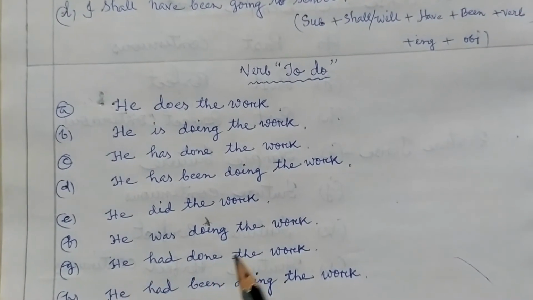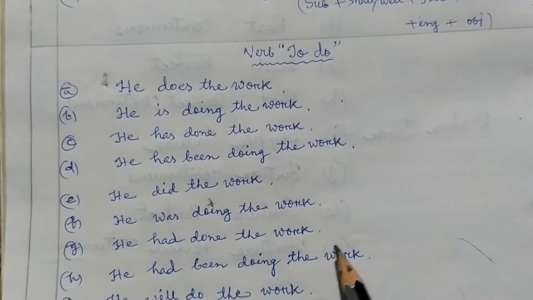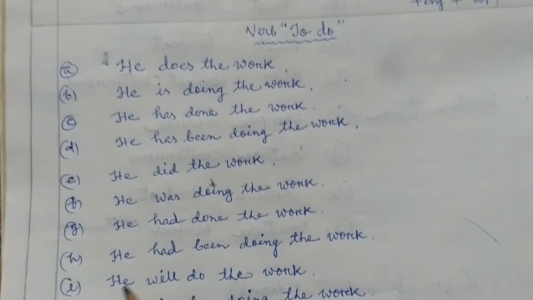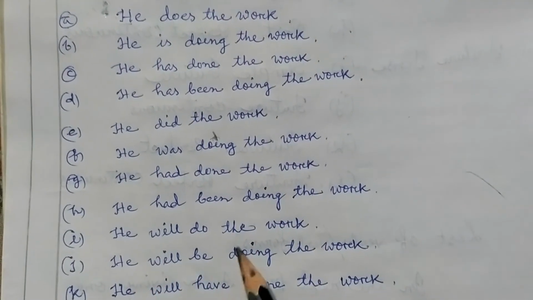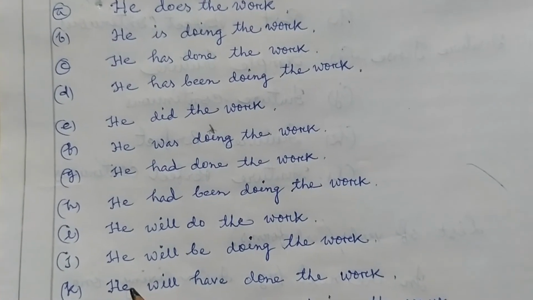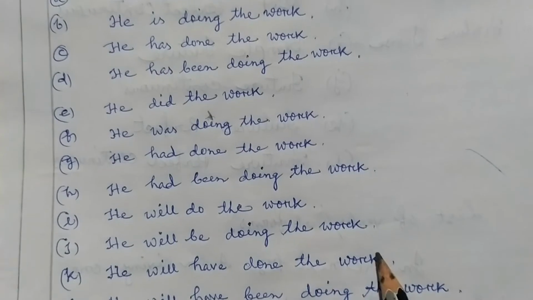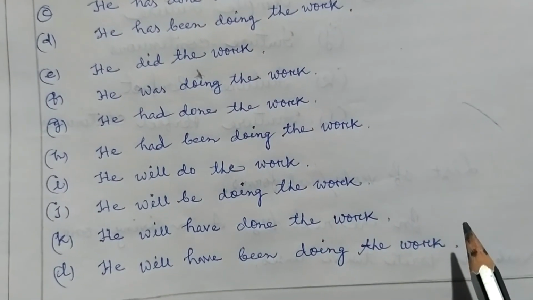Next, he had done the work. Next, H number, he had been doing the work. I number, he will do the work. J number, he will be doing the work. K number, he will have done the work. L number, he will have been doing the work.